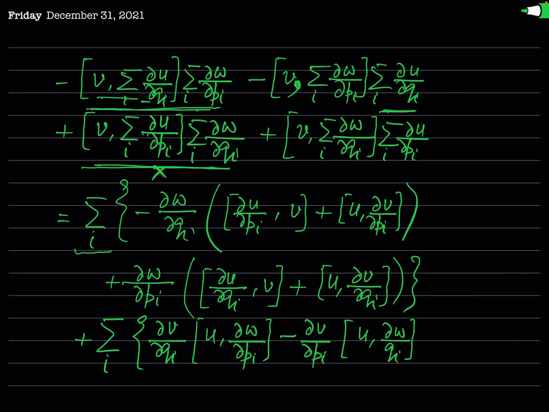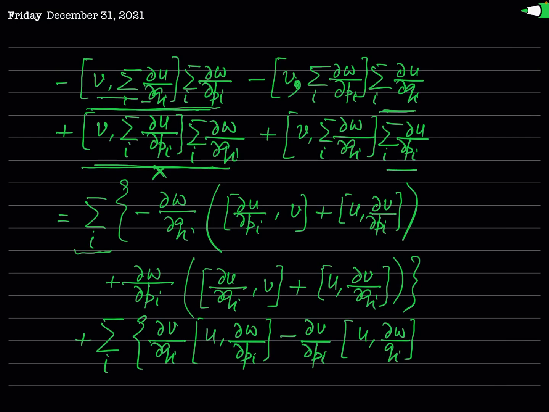So this will be equal to minus del u by del qi times Poisson bracket of v and del w by del pi.